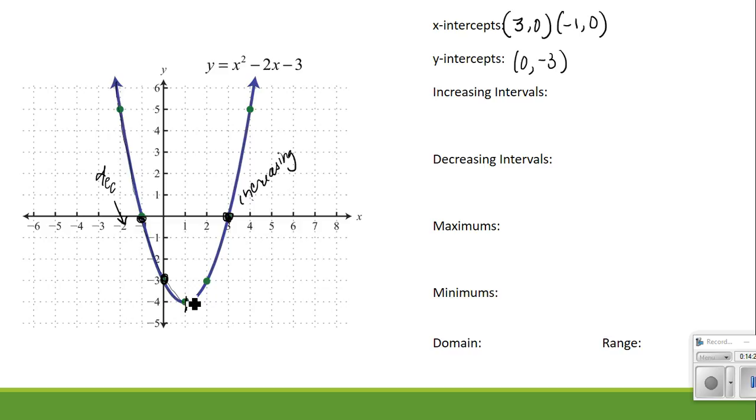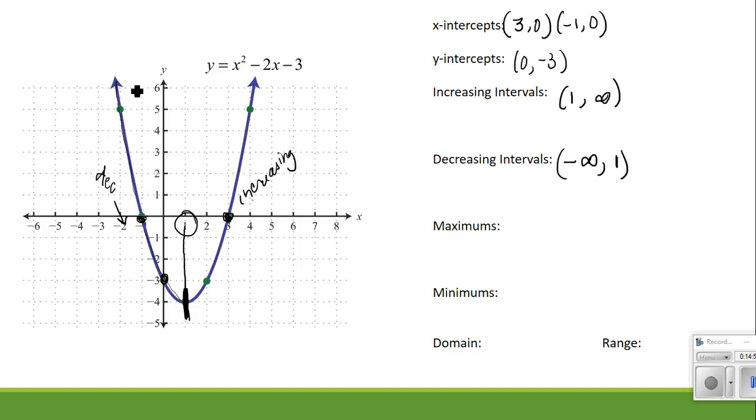So the increasing interval is your x values from 1, and then if I close the domain, I'll run into an arrow. So that's +infinity. Decreasing, same way, if I close the left side of the domain, I'll run into an arrow, so -infinity, and it decreases all the way to the x value of 1.